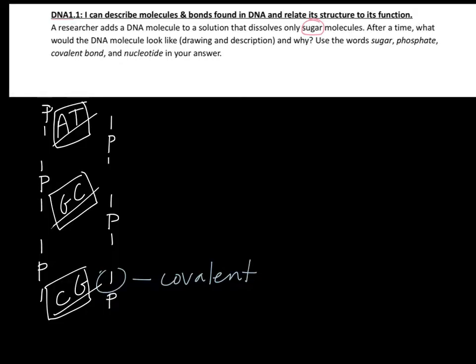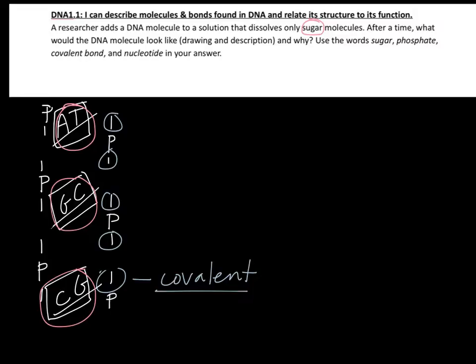Also, you'll notice that our covalent bonds, all of these here, don't have anything to bond to anymore either. So the result of the sugar being gone is that we no longer have a nucleotide. All we have is our bases bonded together. Remember, the bases bonded together are these things, because those are a hydrogen bond holding those together. The sugar is not involved in the hydrogen bond.